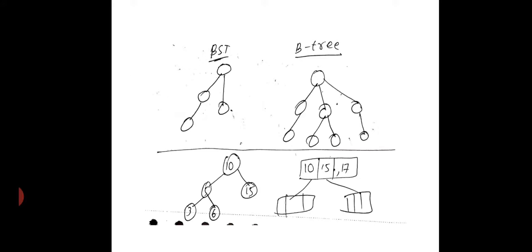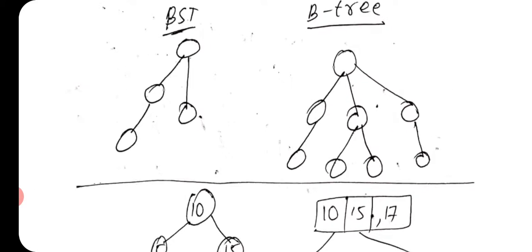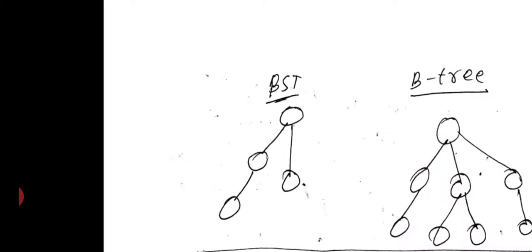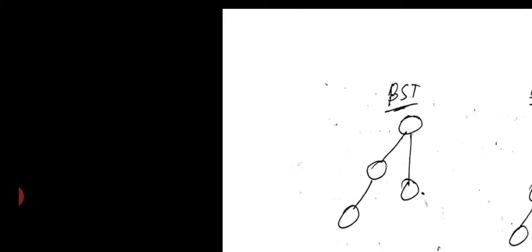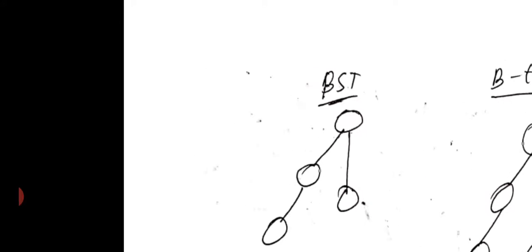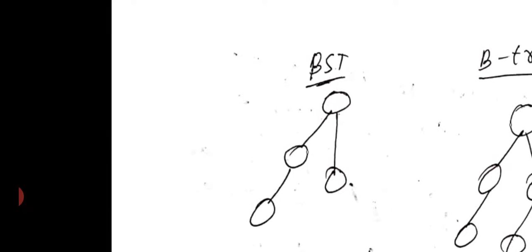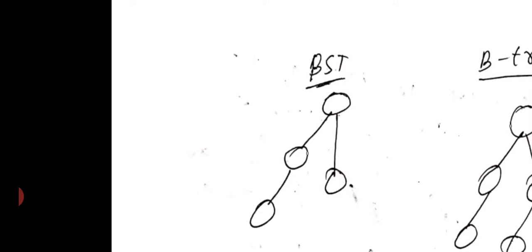So consider this example. So here, this is a BST. BST means binary search tree. So this B tree is a generalization of these BSTs, that is binary search trees.